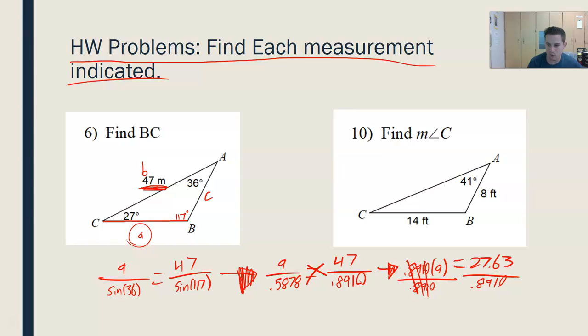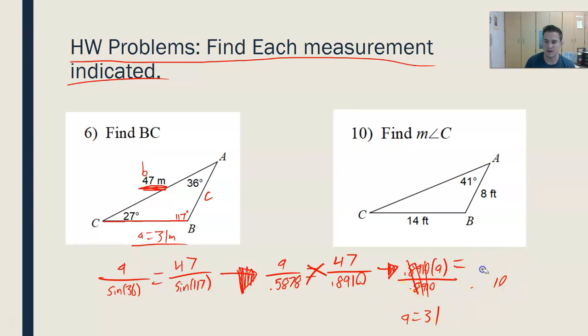And 27.63 divided by 0.8910 is A equals 31. Basically, almost exactly 31. So this side right here is 31 meters long, and I found that using the law of sines. And I could go ahead and solve for this side also using the law of sines if I wanted to keep going.